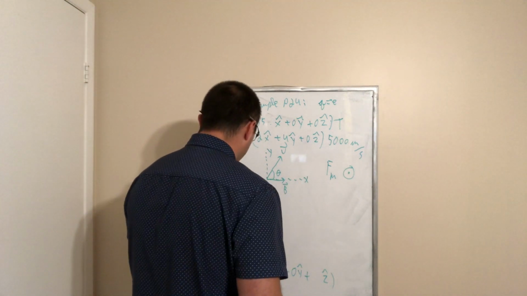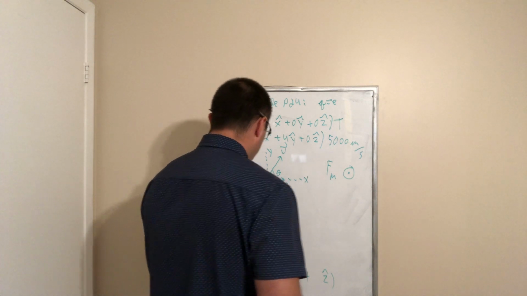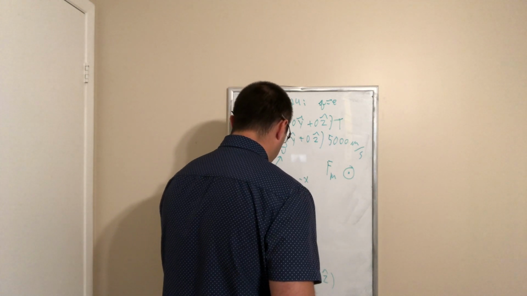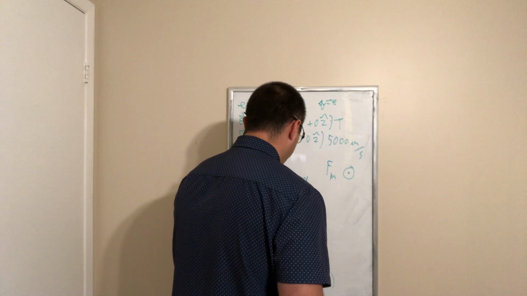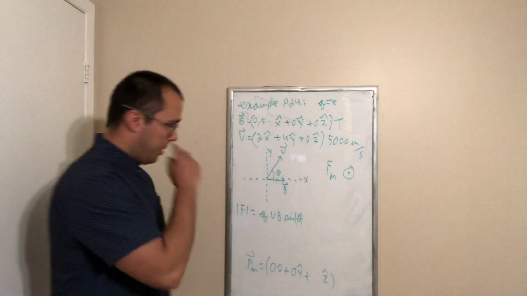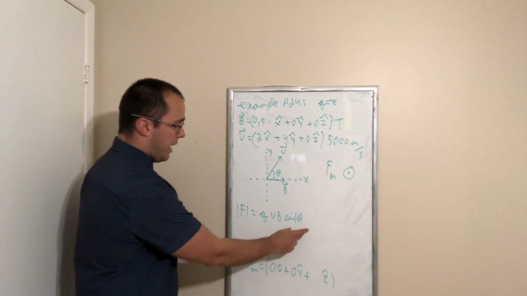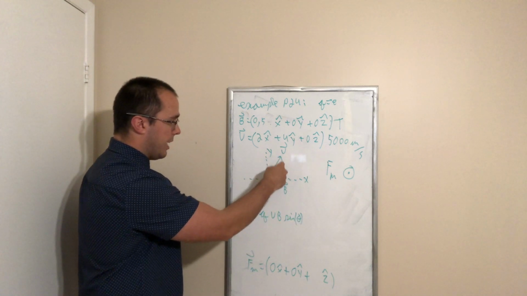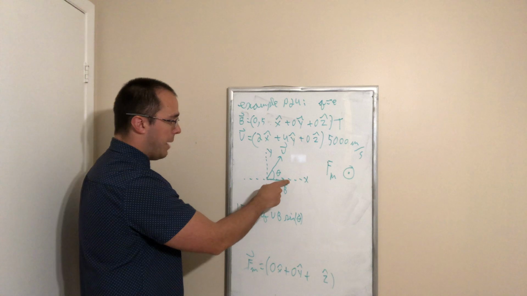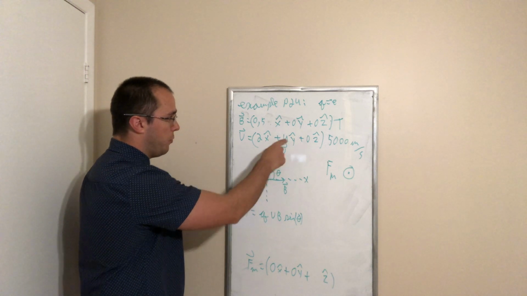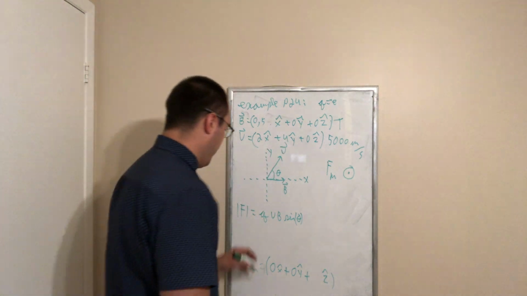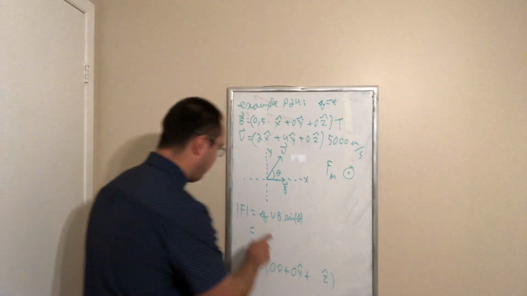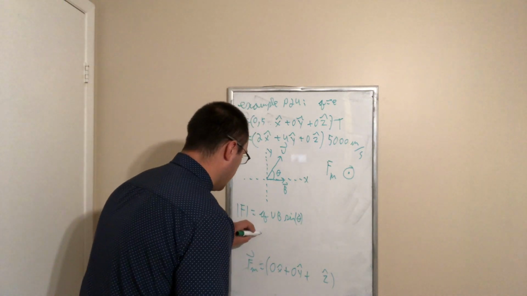Well, the magnitude is equal to QVB sine of the angle. Now note, to find the angle over here, we will use the inverse tangent of the opposite side of this angle divided by the edge inside of this angle, so 4 divided by 2. So if we input Q, in this case is e.